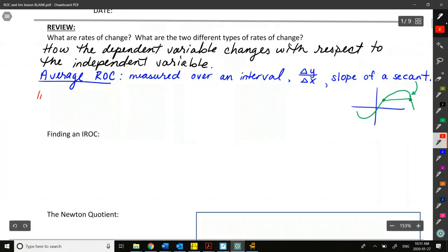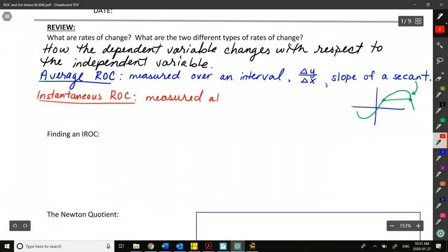And the other one is instantaneous. This is measured at a specific point. Okay, to differentiate these two, we use dy over dx. So we're still finding the slope of a line, but if we see dy over dx, we're basically just saying it's instantaneous and not average.